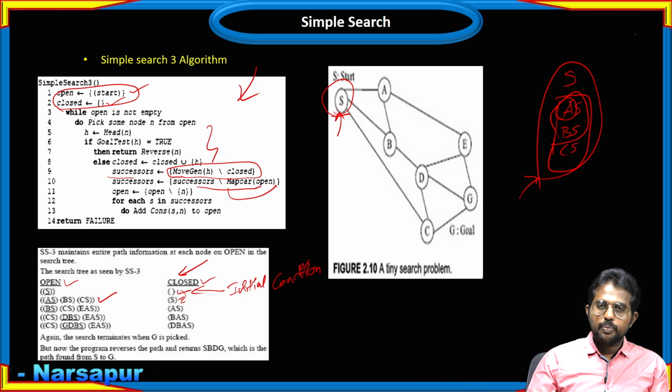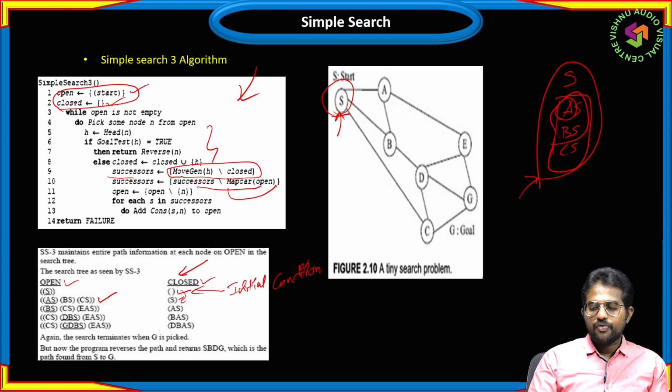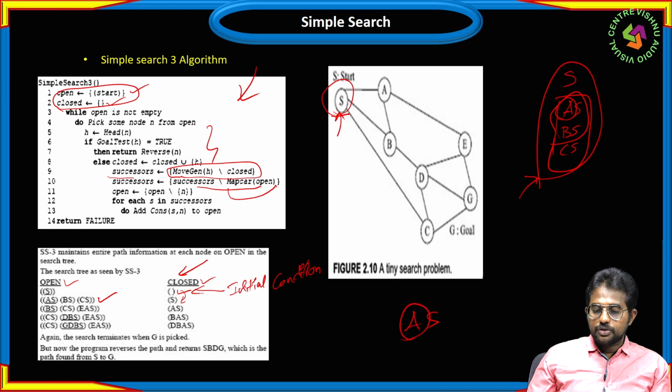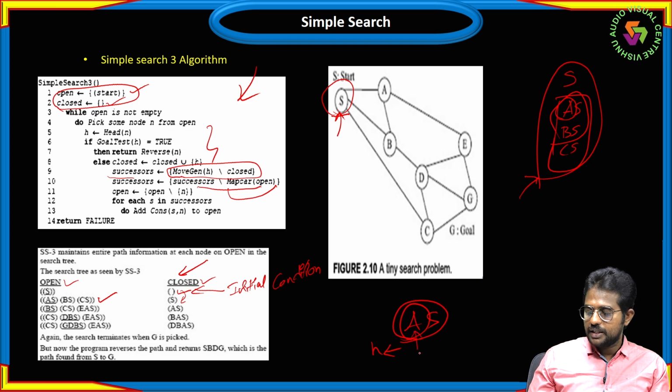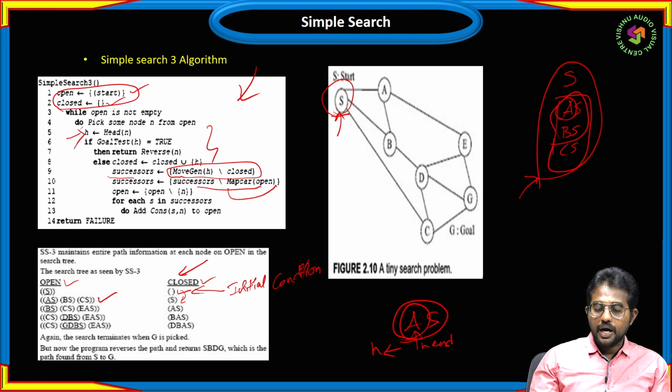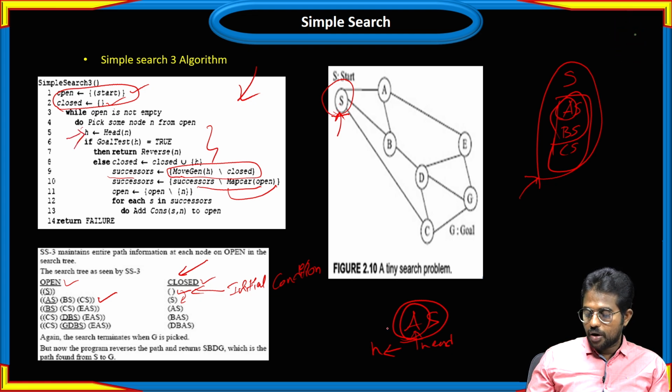So we have to pick any particular node. In this case, let's say I have selected AS. This AS will be picked, and from it I apply the goal test condition on A. For that, the head of this node, which is A, is stored in H, and we apply the goal test on that H. A is not a goal node.